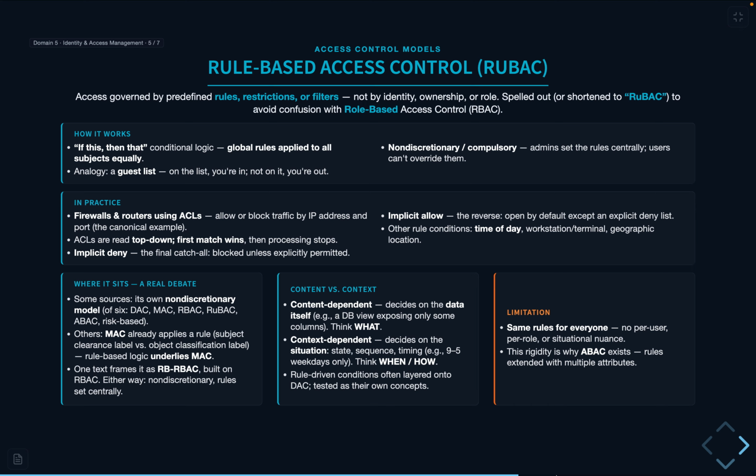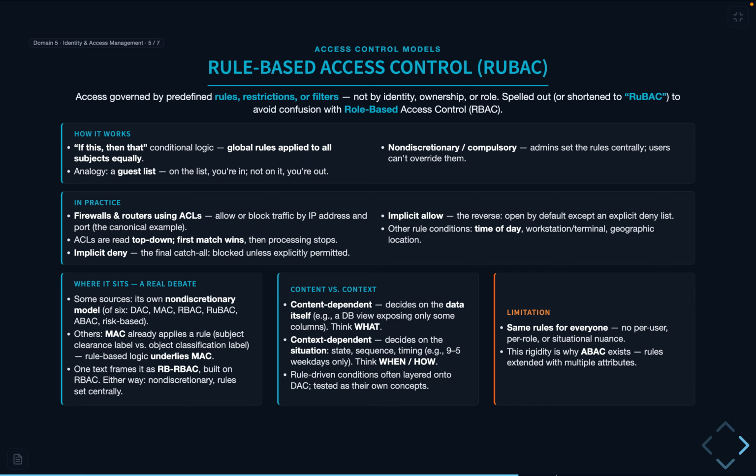Some of the limitations are that there are the same rules for everyone, so it is not granular, with no per-user setup or per-role setup or setup for a particular situation. So the rule-based access control model is rigid.